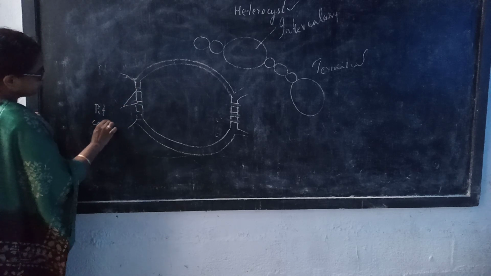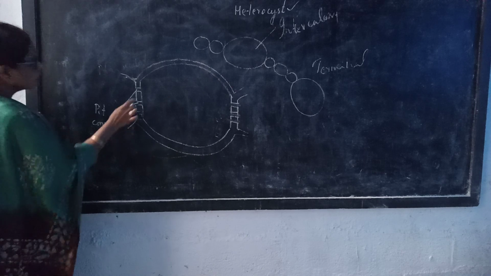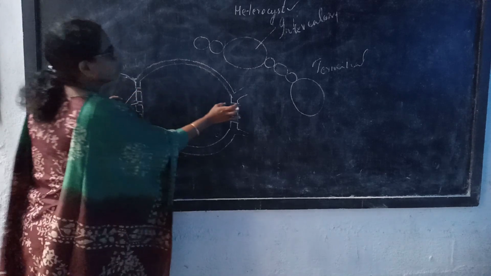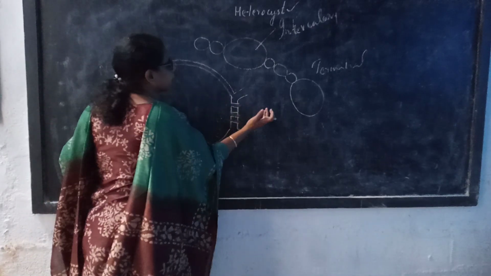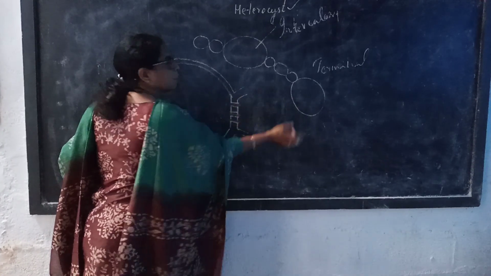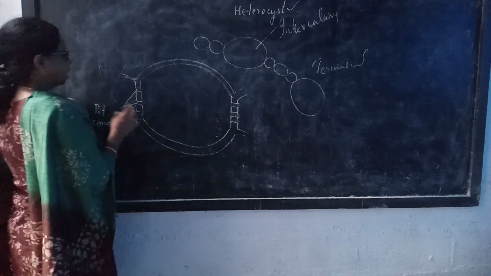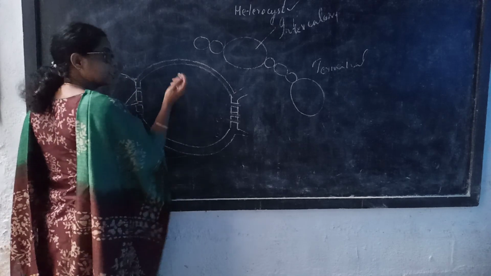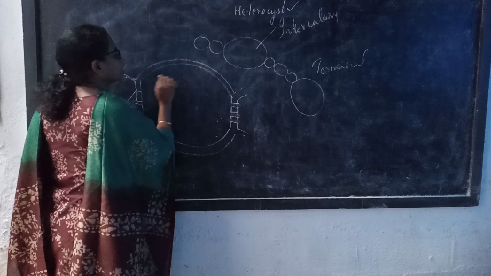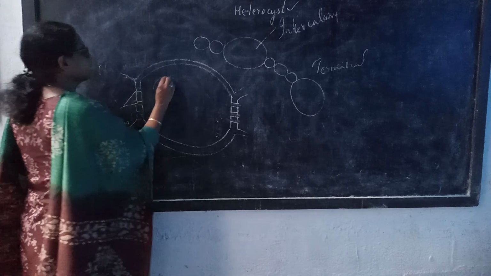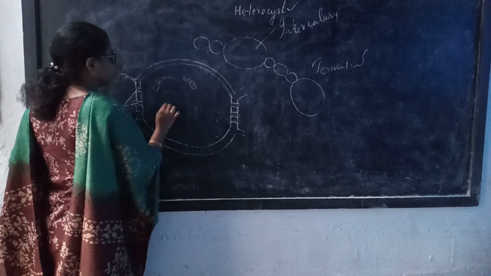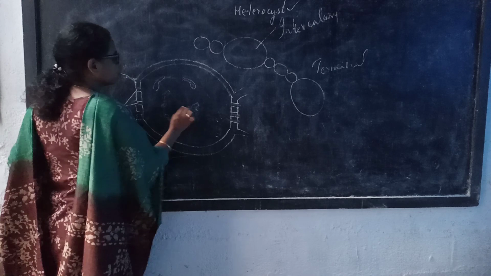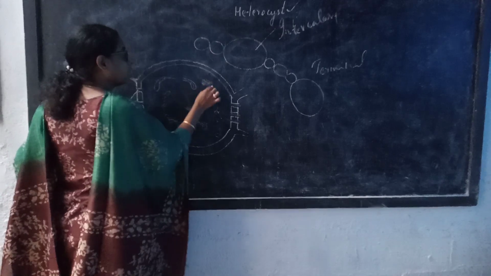Pit connections may be seen on the heterocyst wall. This wall connects the heterocyst with the normal vegetative cell. And the heterocyst can store plenty of storage material like cyanophycean starch, cyanophycean granules, etc. And they are colorless also.